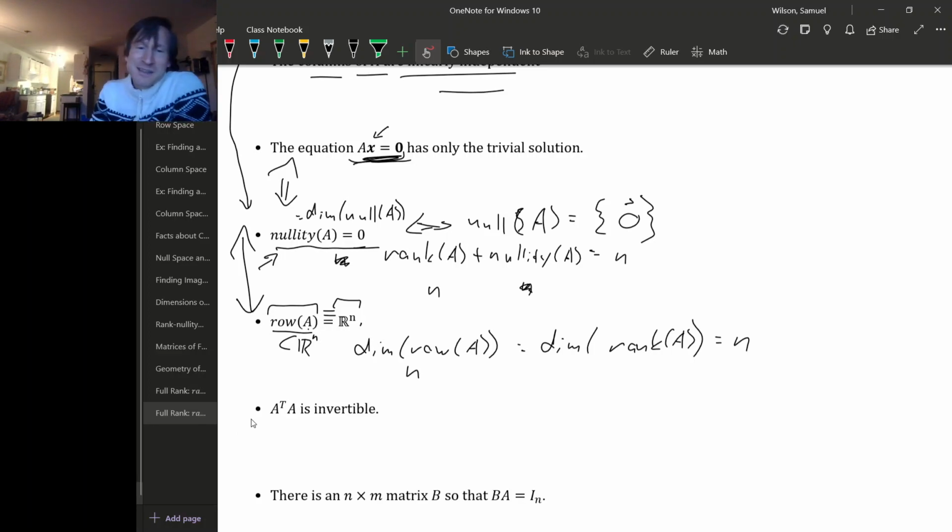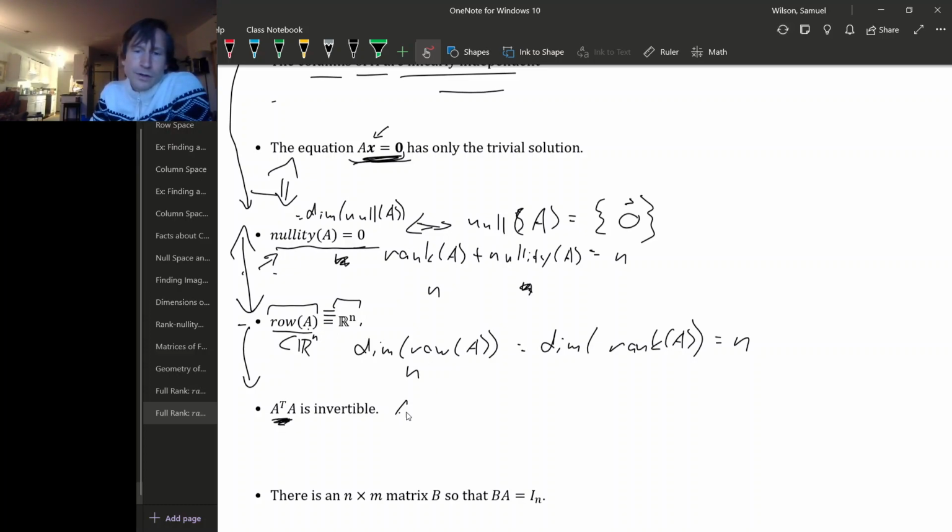All right, now we're going to think about A transpose A, and this is where we're going to assume that the rank is n and then show that this is invertible and then sort of make a loop of implications. So let's prove that, assuming all of these equivalent conditions up here, A transpose A is invertible.